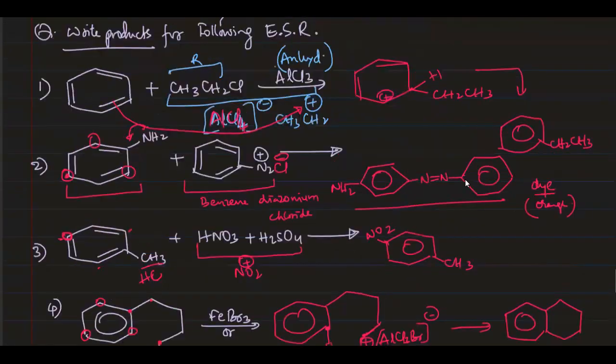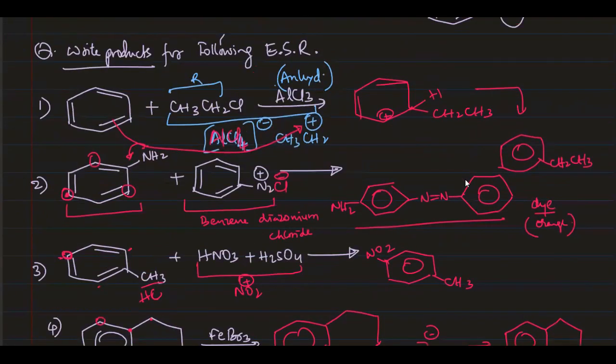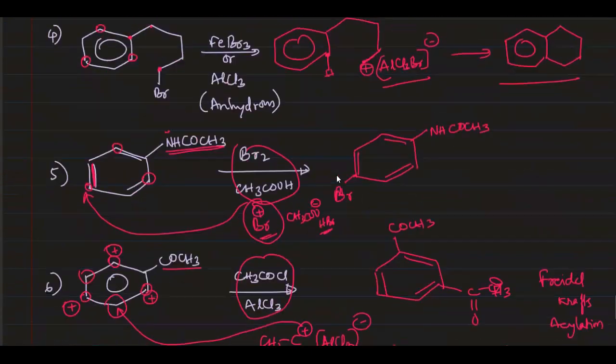And similarly, the first reaction which I have shown, RCl, this is actually an alkyl halide, with AlCl3. This reaction is called Friedel-Crafts alkylation. So these are some reactions which we need to know. So that's about electrophilic substitution.